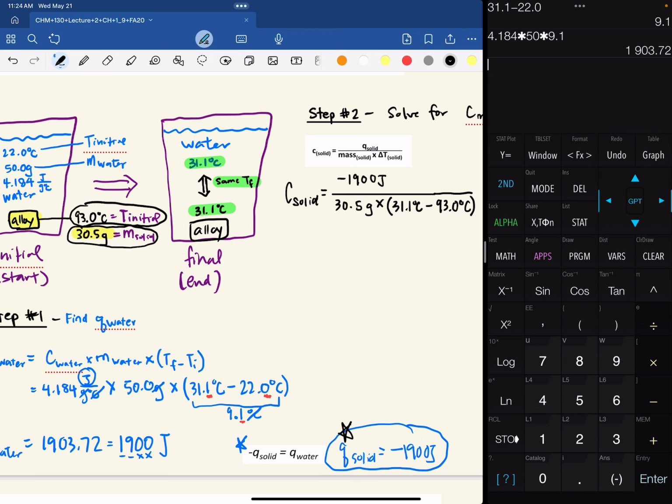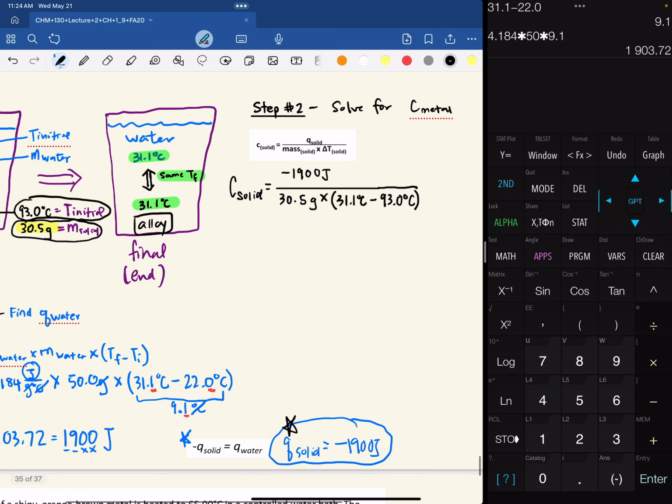All right. So now, again, there's more than one way to solve this kind of question. I like to solve for the bottom first. So I'm going to go 30.5 times, parentheses, 31.1 minus 93.0.